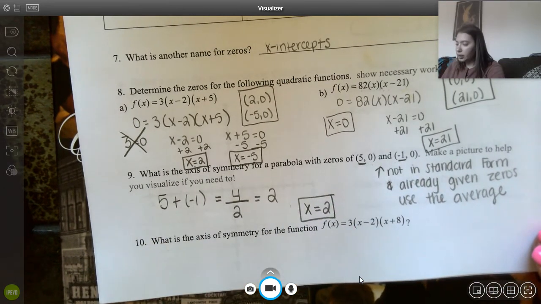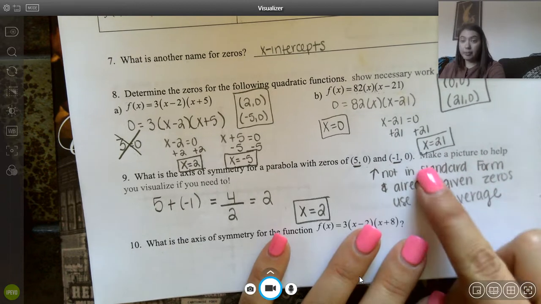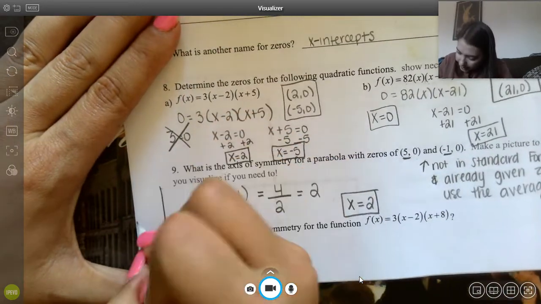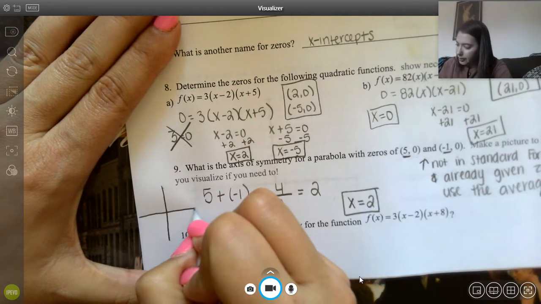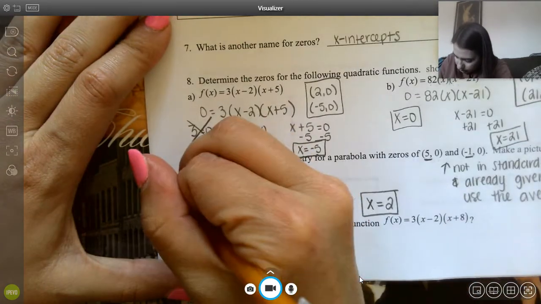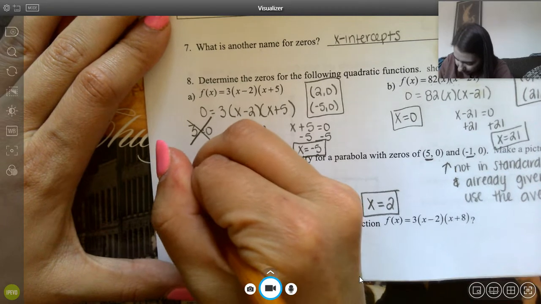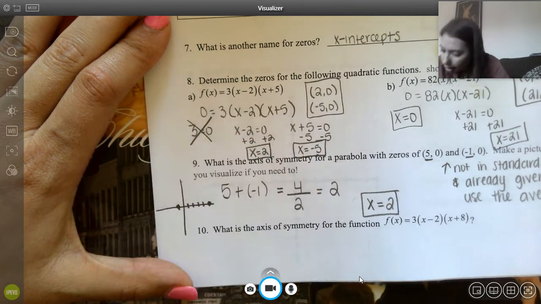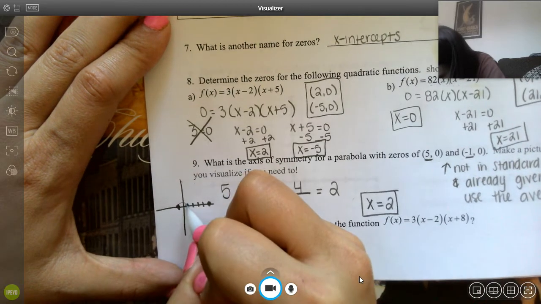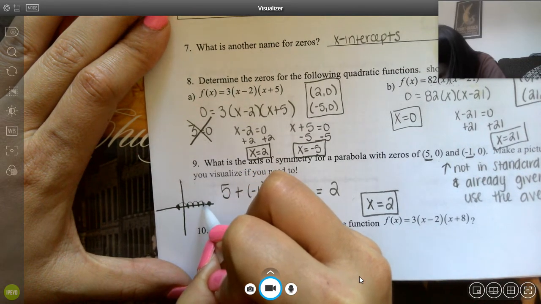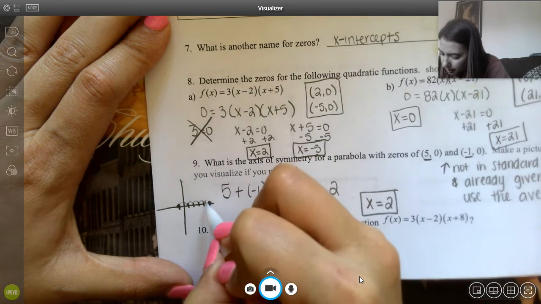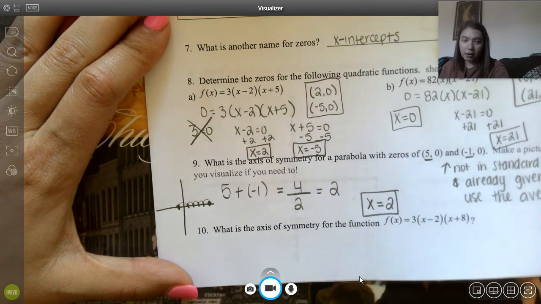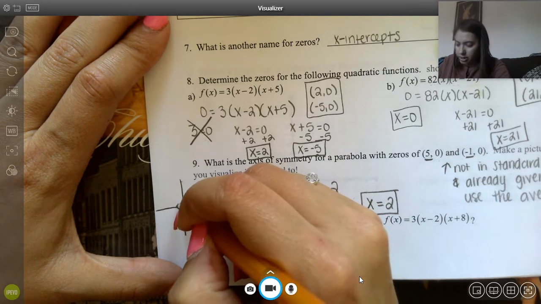Okay. Making a picture may help as well, because if you think about it, if you have this coordinate plane off to the side, and you have an x value of 5, 0, 1, 2, 3, 4, 5, and negative 1, 0 right there, there are 1, 2, 3, 4, I'm sorry, I skipped one.